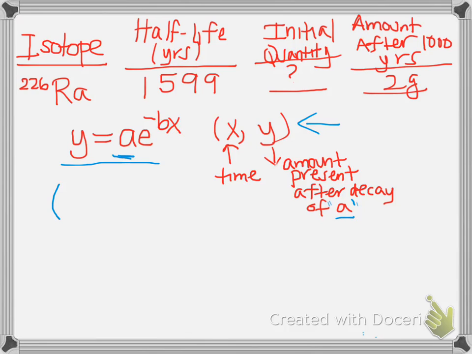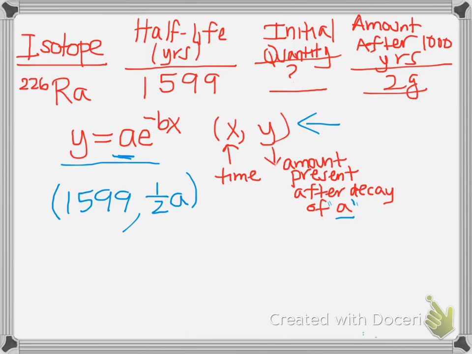To represent that, X represents our time, so we have 1,599, and Y would be half of our original amount, A. So it's similar to the first video.